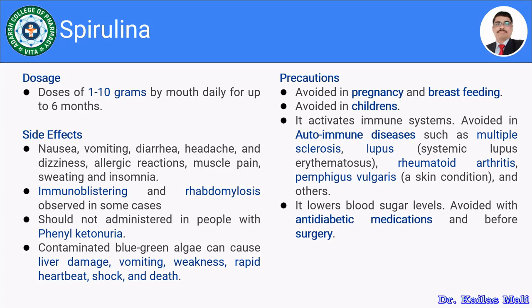Right? We got the point. In the same way, spirulina can also be contaminated, and if we consume contaminated spirulina, that may lead to certain side effects, and finally there might be chances of death of the patient.